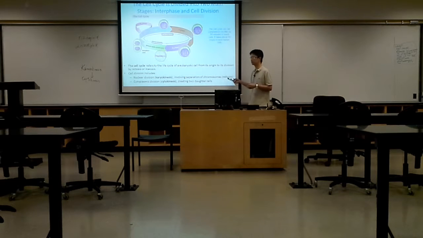Karyokinesis is basically splitting of the nucleus or splitting of the chromosome. After the chromosomes inside the nucleus are split, the cell will proceed into cytokinesis to divide the cytoplasm into two, so that we'll have two cells and two nuclei.